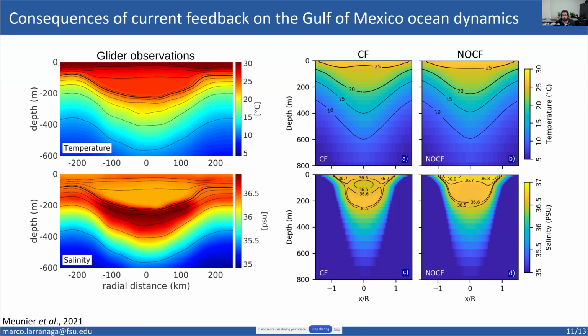In the composites of our simulations, the current feedback seems to properly reproduce the warm core, and seems to reproduce the two eddy cores in the salinity, the fresher one and the salty one.